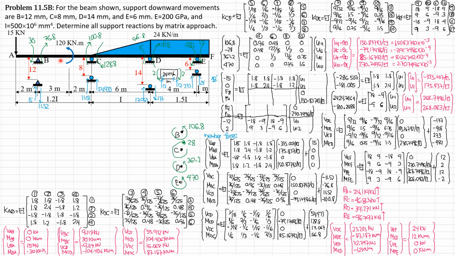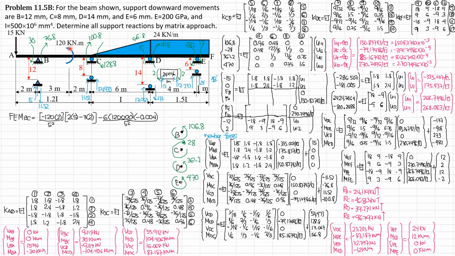Then for portion BC, we have to consider the side sway moment as well as the load. So fixed moment BC is due to the load. The formula is moment Pab squared over L square, quantity 2L minus 3b.